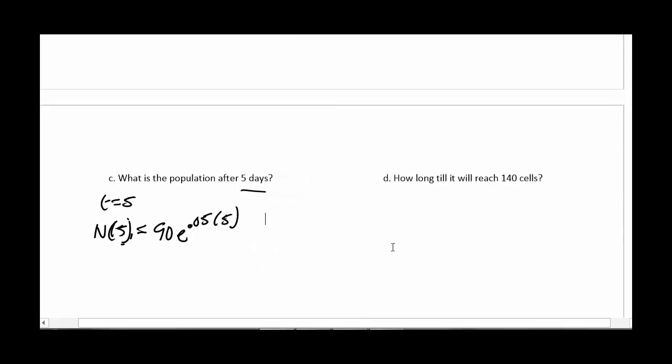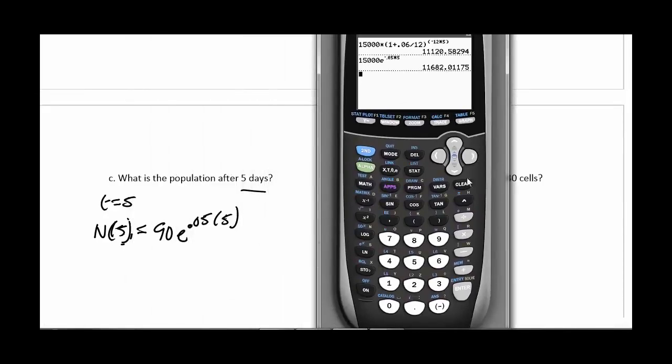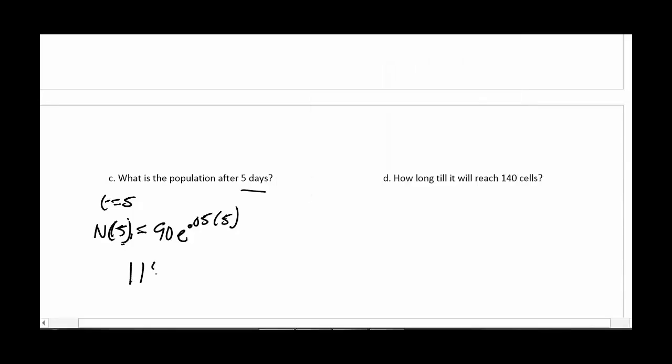And that'll tell me exactly how many grams are there. So let me go here, clear that out. All right, so 90, and then our e to the 0.05 times 5. And so after 5 days, we have 115.56 grams.